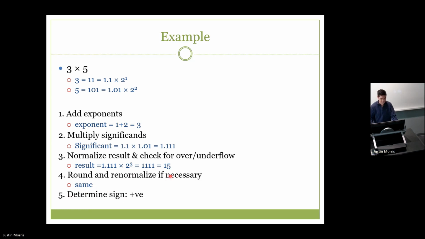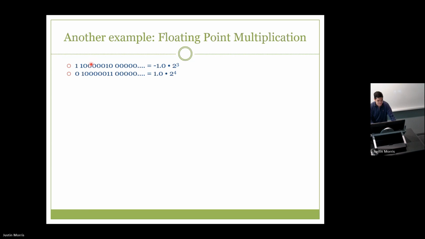Okay? And then we can just double check our answer, right? So we have 1.111 times 2 to the 3. So we move the decimal to the right by 3. And then this is just 15. And then we can do 3 times 5. 3 times 5 is 15. Okay.